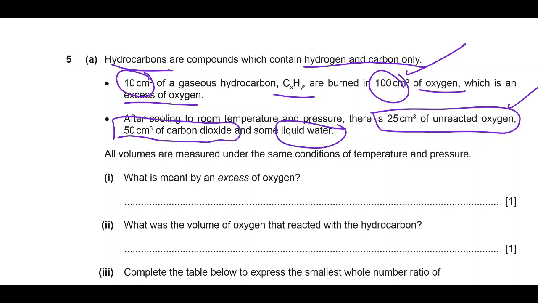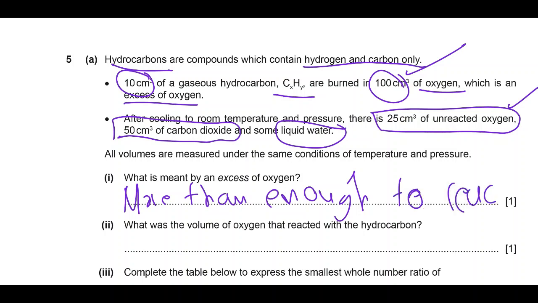Now, what's meant by an excess of oxygen? As I told you, more than enough to react. Why is it more than enough? Because you have started with 100 and you have ended with 25. That means the amount of oxygen that we needed is only 75, but we started with 100, more than enough to react.